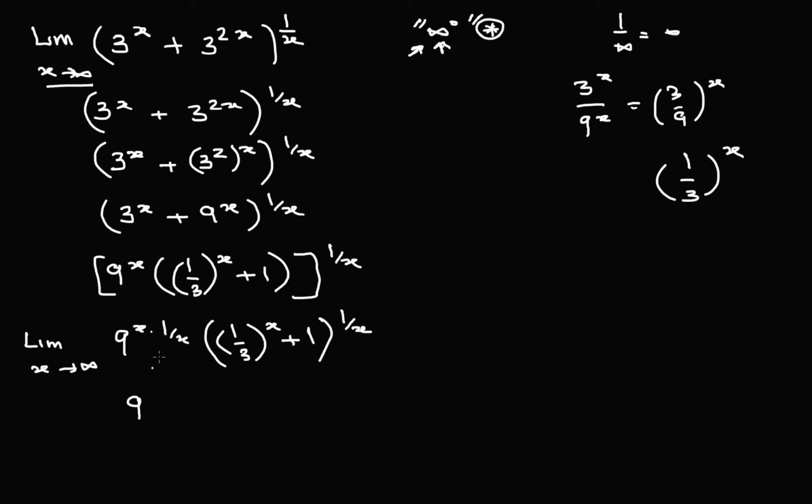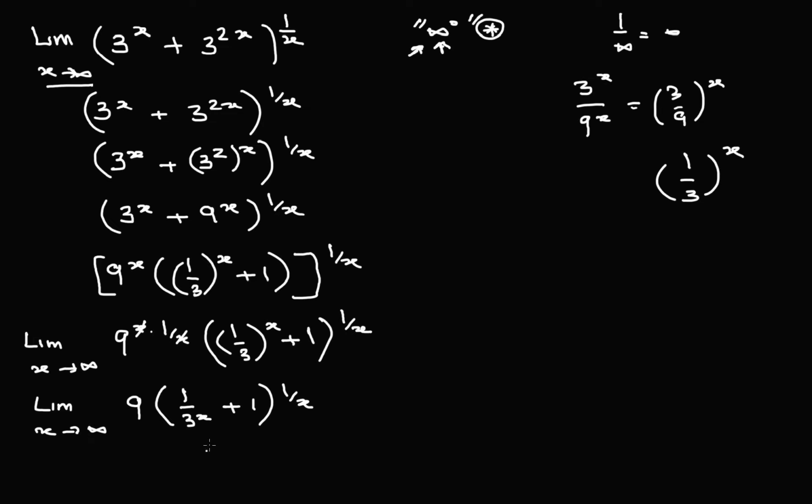So what do we have here? We have 9 because these will cancel out. Then here, if you want to see why this actually tends towards 0, it's because you have a very big number here, and then it tends to 0, right? So plus 1, and then I'll have 1 over x. So again, we bring back our notation.